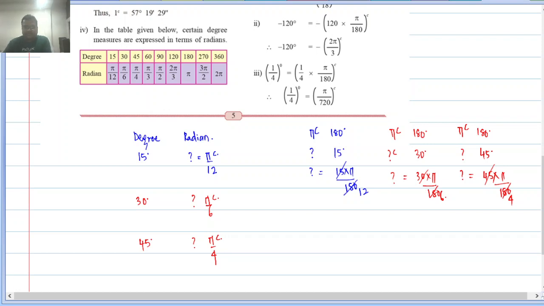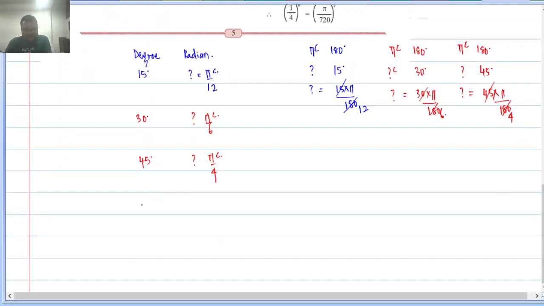Then 60 degrees is how many radians? Pi radians is 180 degrees. 60 degrees is how many radians? It is pi into 60 upon 180. 60 threes, which is pi by 3 radians.